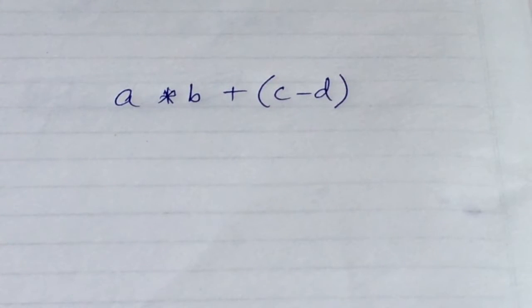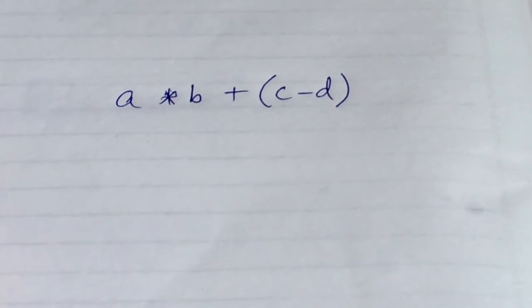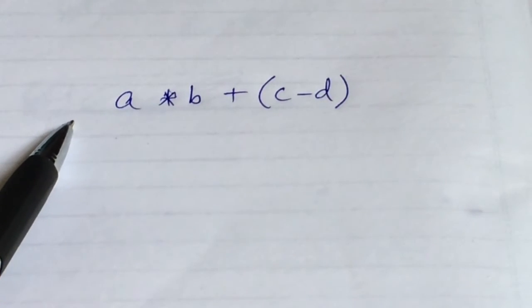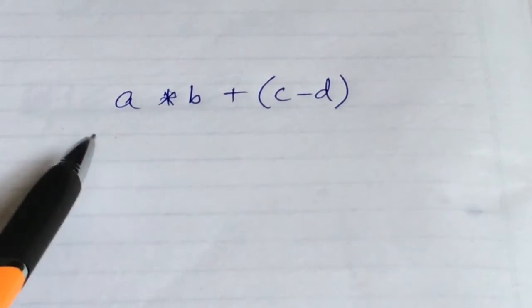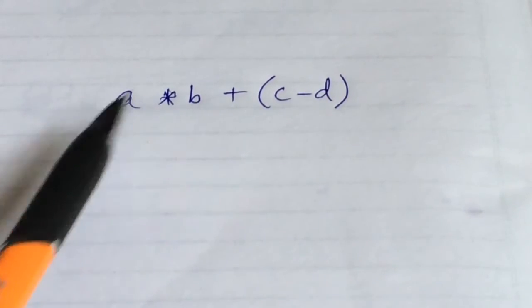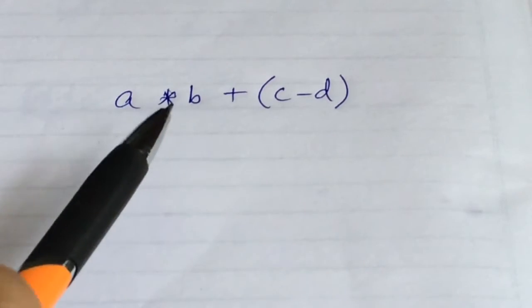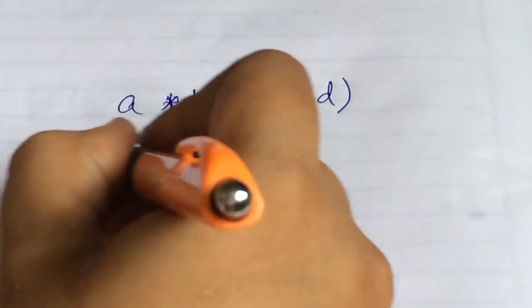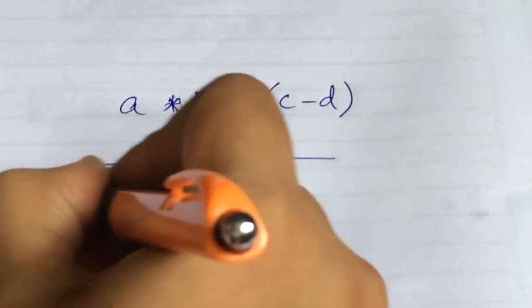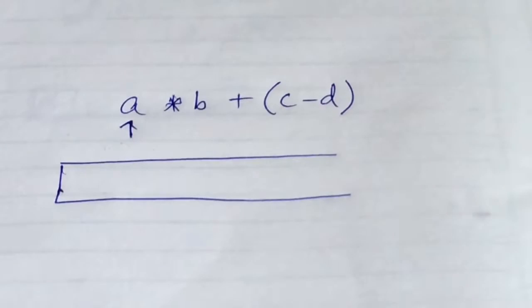Now let's take an example. This is your expression given in the infix form, and now we have to write it in the postfix form using that algorithm. So what the algorithm says is that we have to scan the input from left to right.